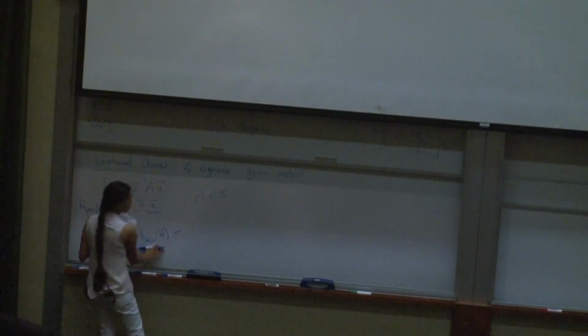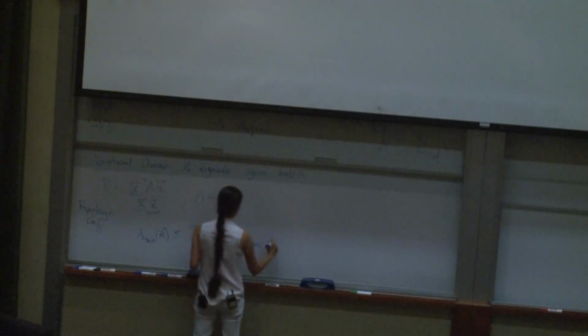So lambda min, the smallest eigenvalue of A, is upper bounded by this quantity for all x. And this is always smaller than the largest eigenvalue.